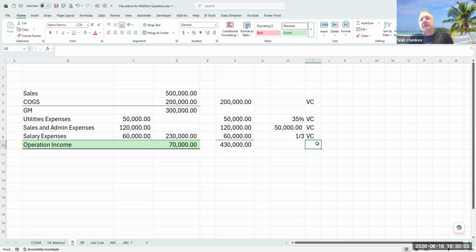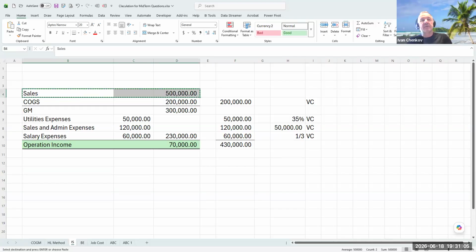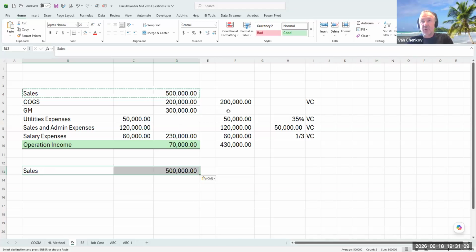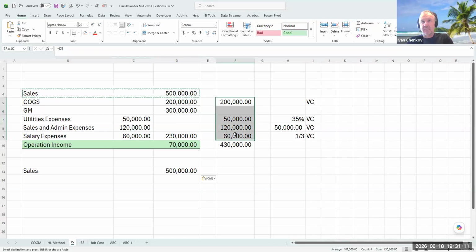So once we know that, we have to prepare the contribution margin income statement. What's interesting with that statement? Sales is going to stay the same. Since we're pulling this cost and changing it only to variable and fixed, cost is going to stay the same.